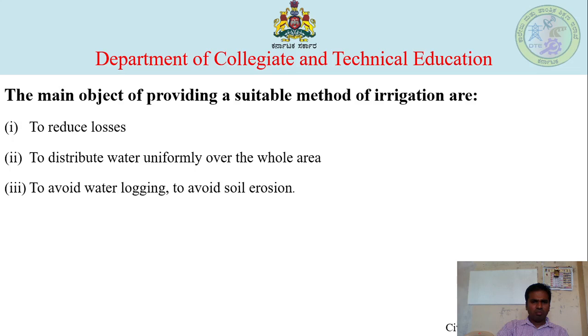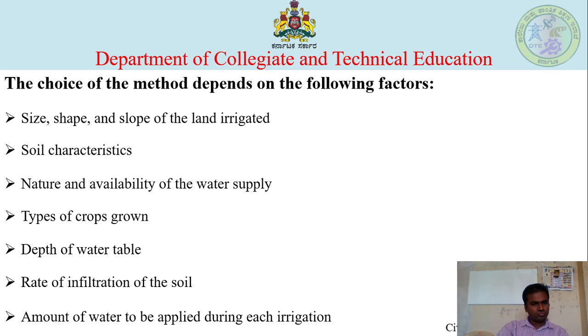The main objectives of providing a suitable method of irrigation are as follows. The first objective is to reduce the water losses. Distribute the water uniformly over the whole area of the crop to avoid waterlogging and soil erosion. Next, the choice of the method depends upon many factors.